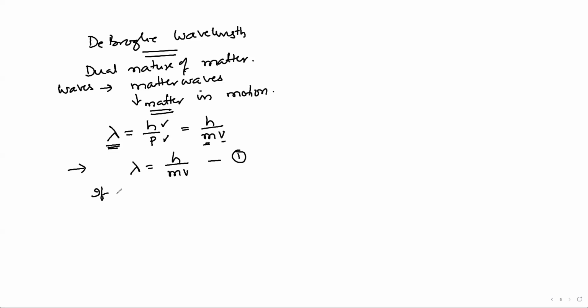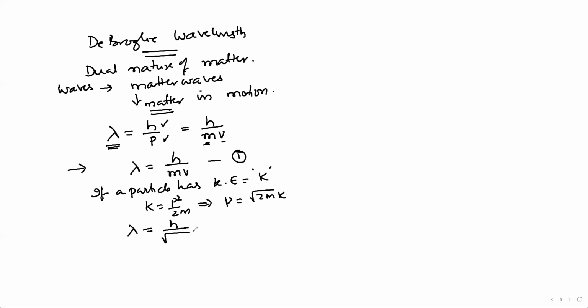Suppose a particle has kinetic energy K. We know that kinetic energy equals p squared by 2m, or the momentum p equals root of 2mK. Then the de Broglie wavelength becomes lambda equals h by root of 2mK. And related to these relations, a question was asked like this last time.